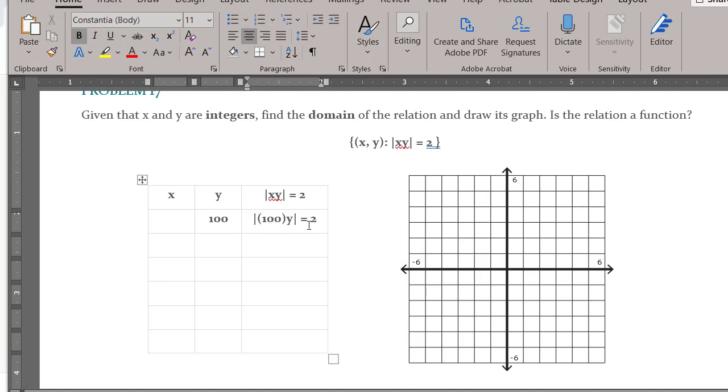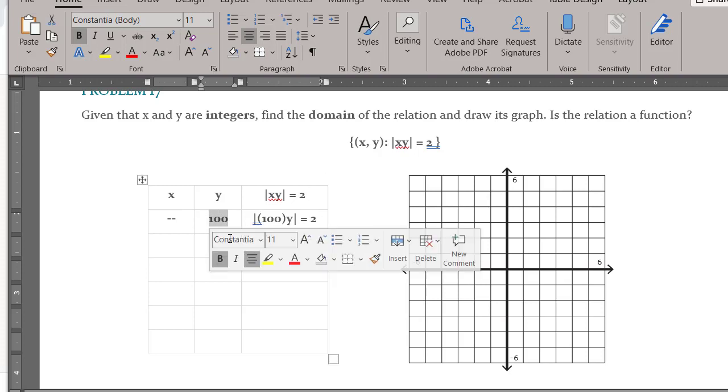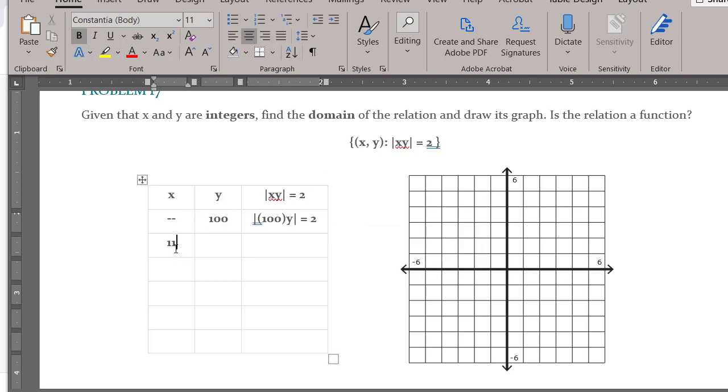Well, you might say 1 over 50 will do, but the problem is we can only use integers, right? So no fractions. So do you see the problem? If you choose a certain value of y, or x, by the way, if I chose 100 for x, you still have the same problem. There is no integer value of y that will satisfy this equation. So the domain and range is limited by the equation.